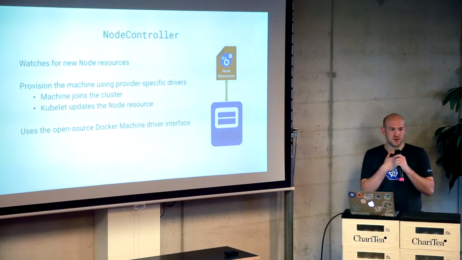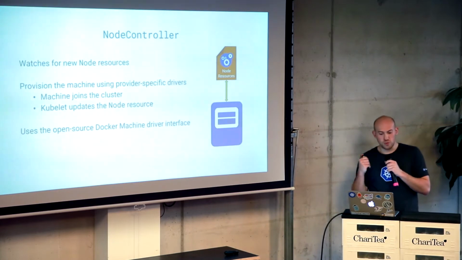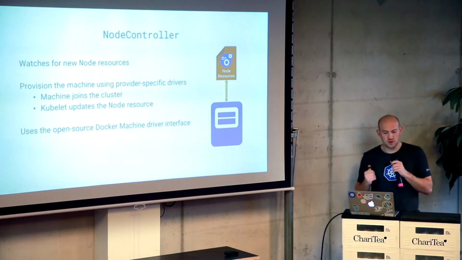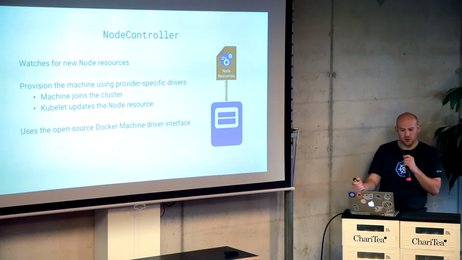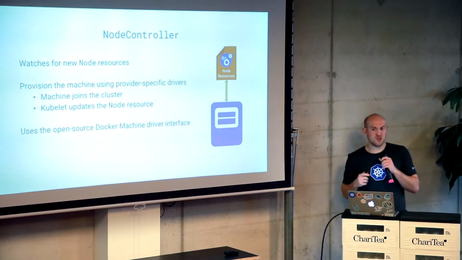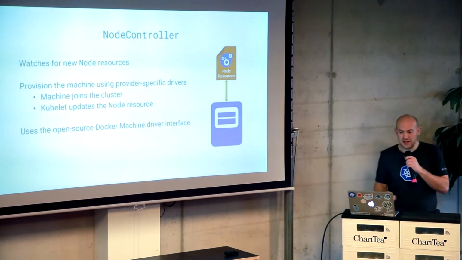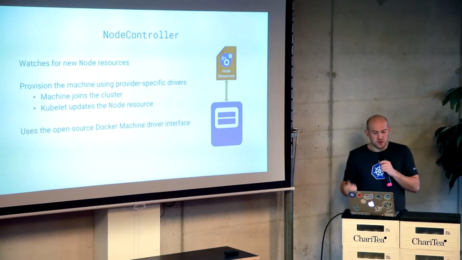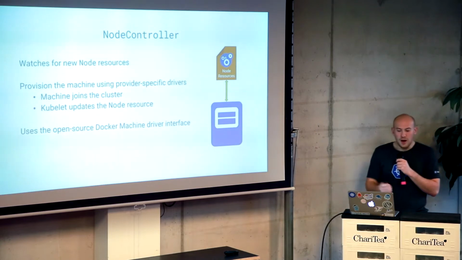We act the same way with a node resource as we act with every other kind of resource in the cluster. We provision a machine using provider-specific drivers, so AWS drivers, or GCP drivers, or bare metal drivers with Packet, something like that. The machine joins the cluster, and then the kubelet is responsible for updating the node resource.